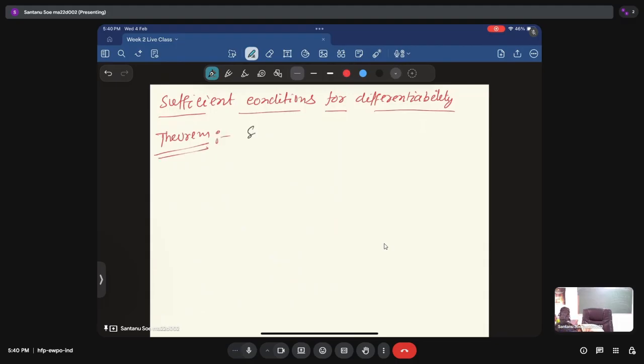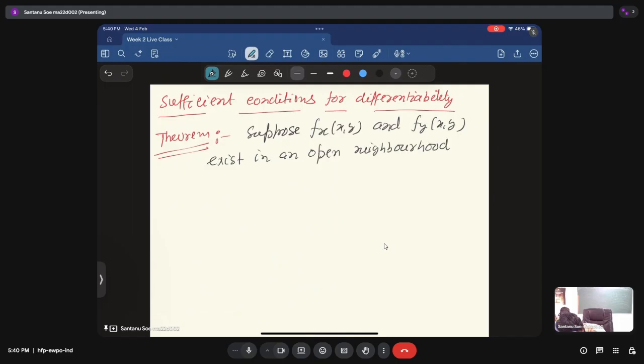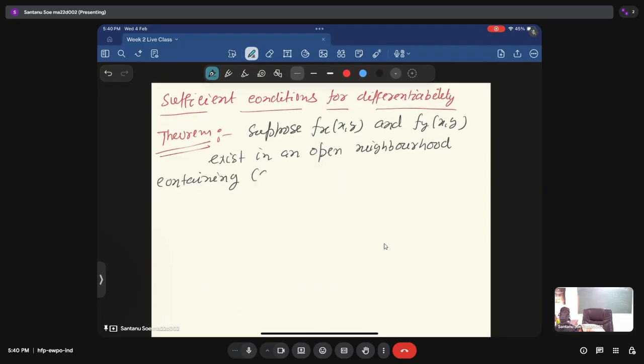So it says that suppose fx(x,y) and fy(x,y) exist in an open neighborhood containing (a,b) and both the functions are continuous at (a,b).